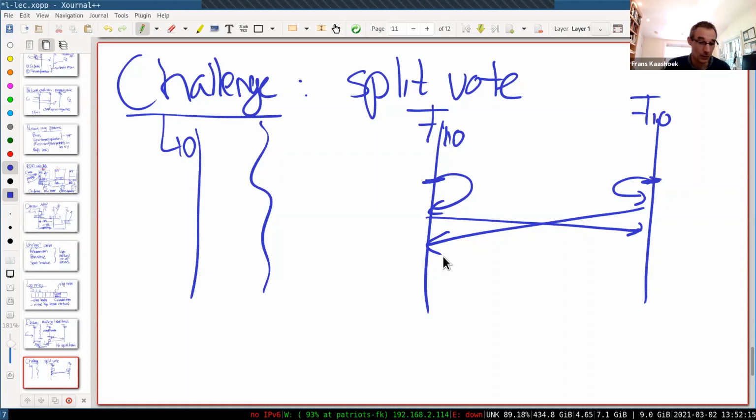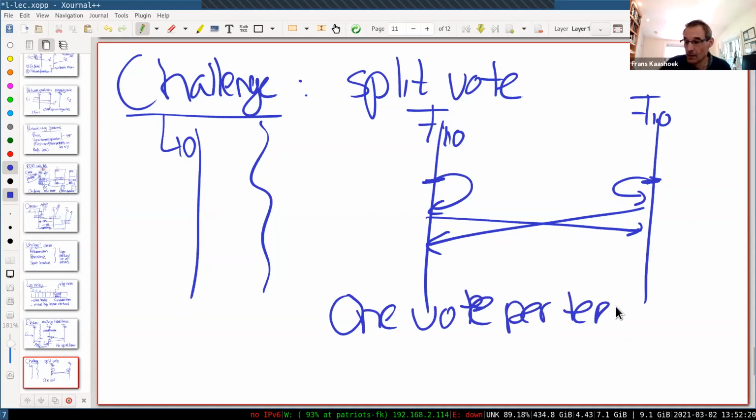And the rule is that you can vote one vote per term. So when the first follower has voted for itself, and it receives the second vote request, it actually cannot vote for that request because it already voted for itself. And so at this point, we're going to have a split vote.